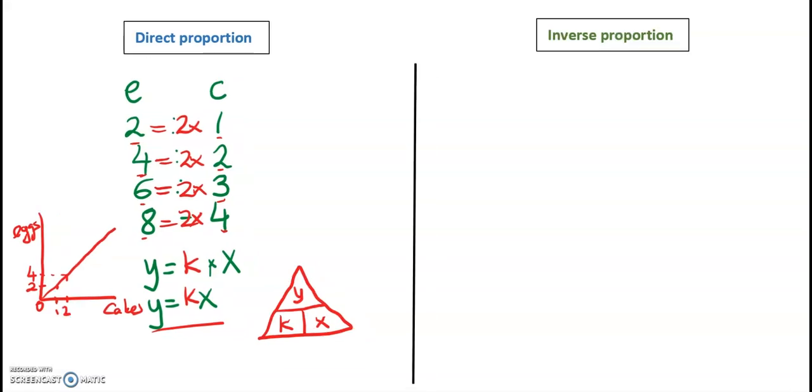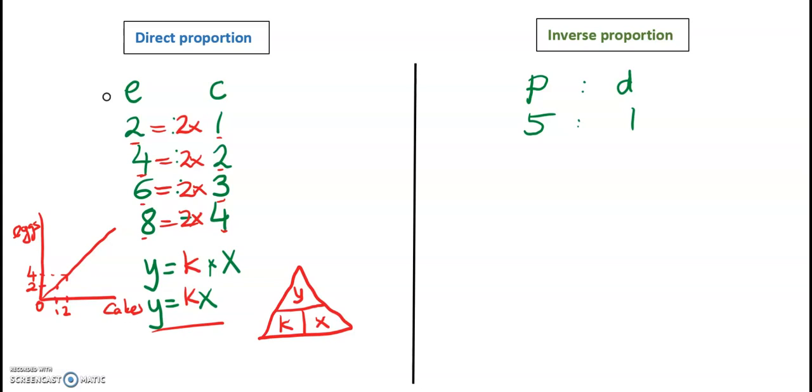Moving on to inverse proportion, taking the example of 5 people, it takes them 1 day to paint a house. So that's the number of people and the number of days. So 5 people, 1 day.